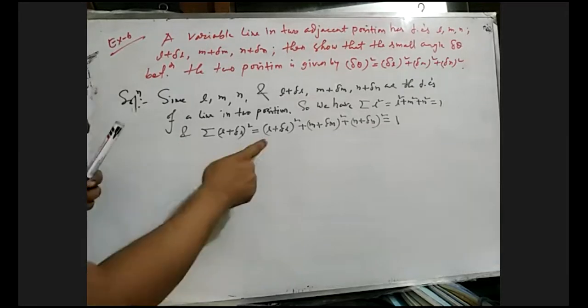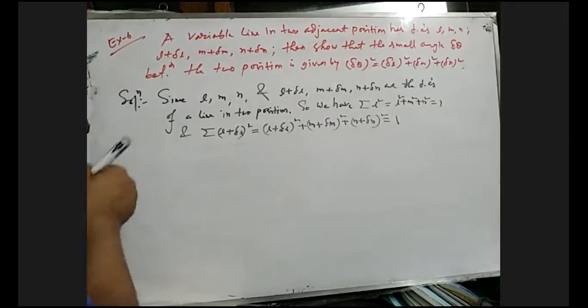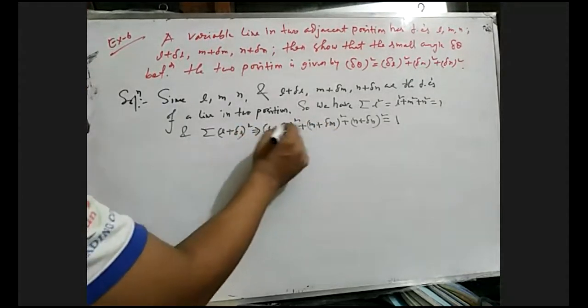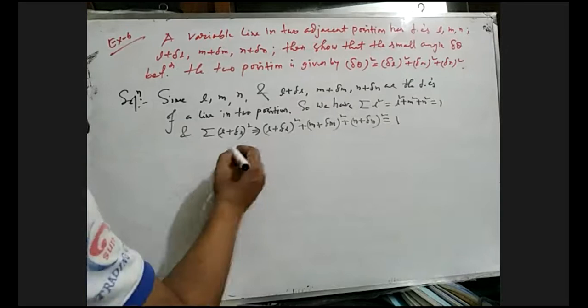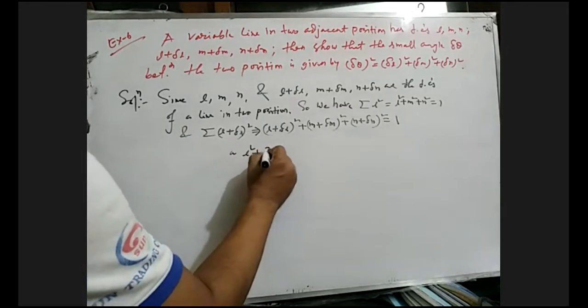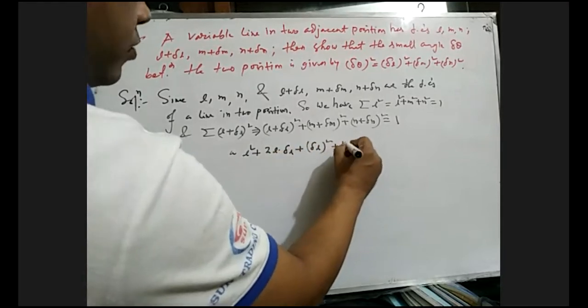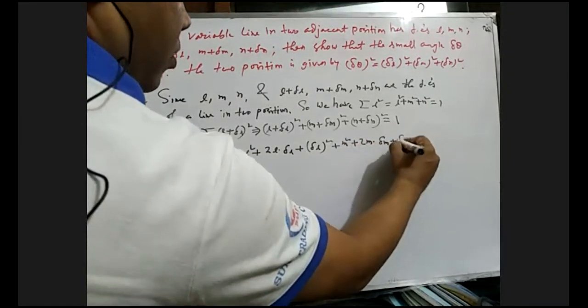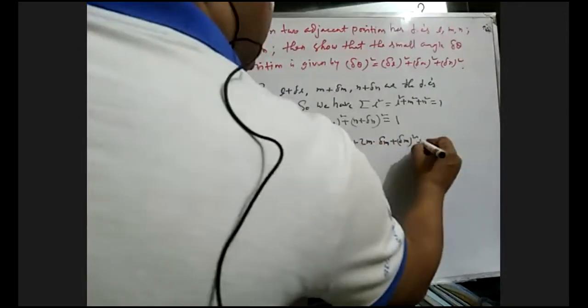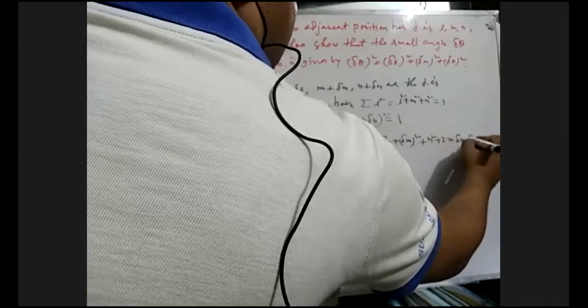So from this condition actually you can write L square plus twice L into del L plus del L whole square, plus M square plus twice M del M plus del M whole square, plus N square plus twice N del N plus del N whole square equals to 1.